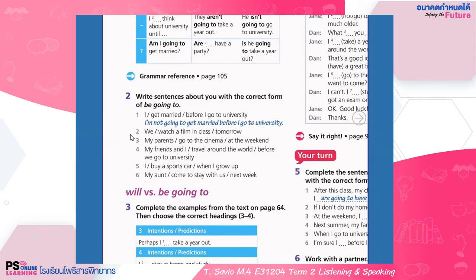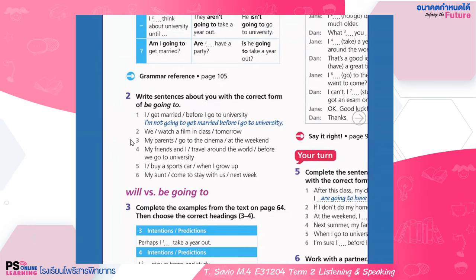Let's do number 2. Let's do all these orally. Number 2. We watch a film in class tomorrow. The affirmative form will be, we are going to watch a film in class tomorrow. And the negative form, we aren't going to watch a film in class tomorrow.